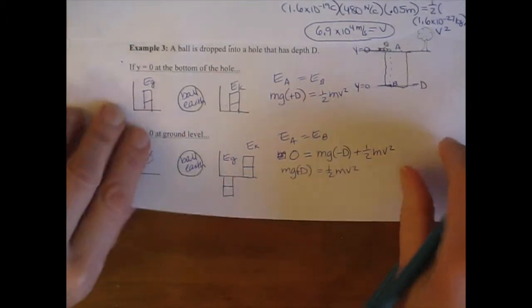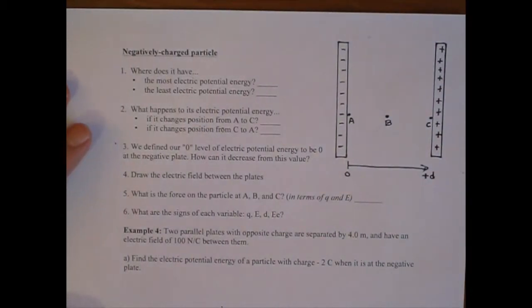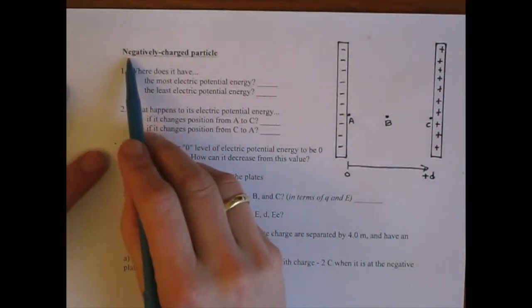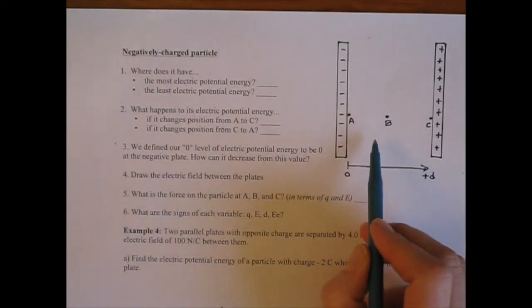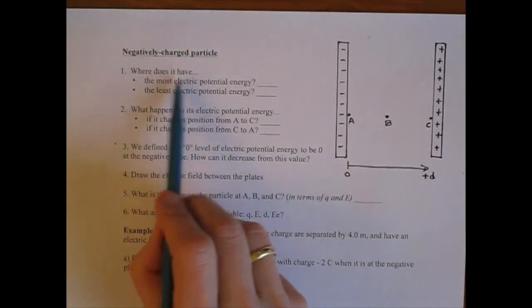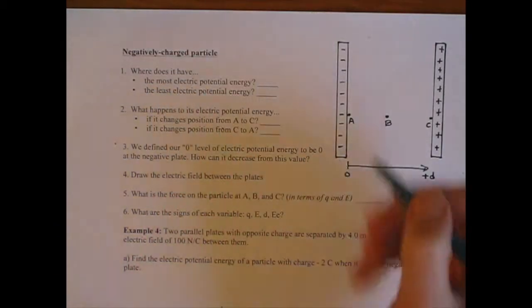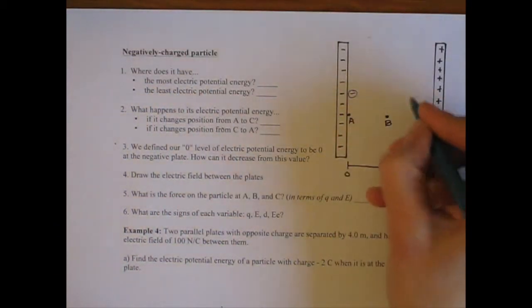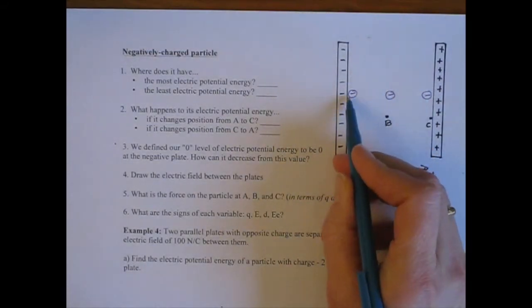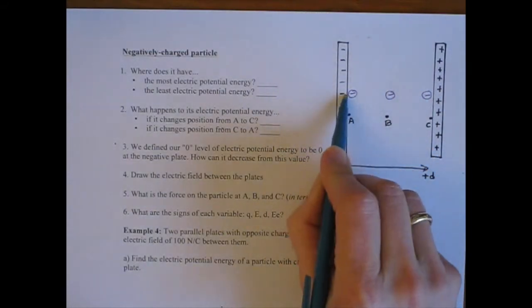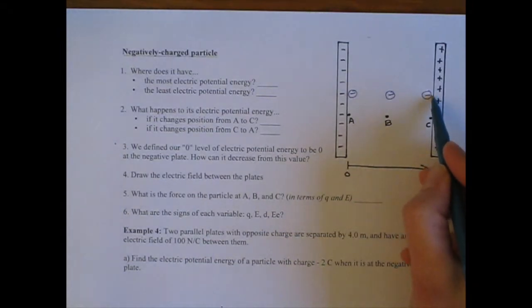And here's why this is useful. Because it's very similar to what happens when we are working with a negatively charged particle between the plates. So let's think these through. Where does it have the most electric potential energy? So here's a little negatively charged particle. Here's another one. Would it have the most potential energy here, close to the negative plate, or here, close to the positive plate?